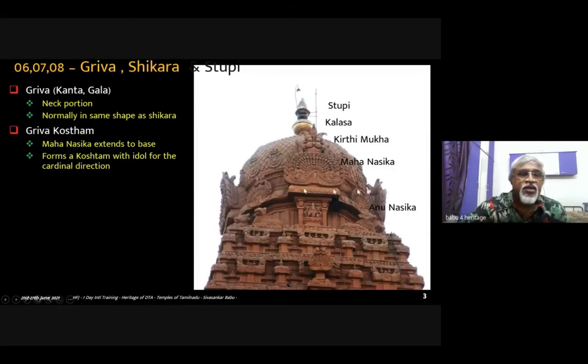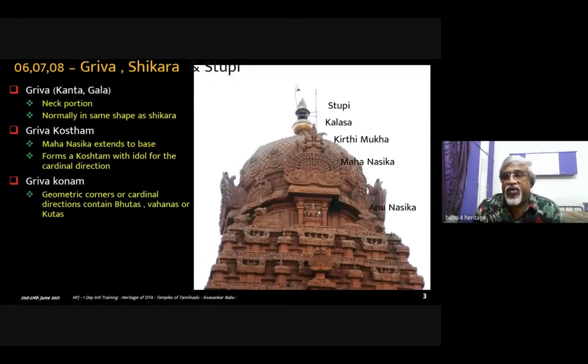Then there is the Mahanasika, we'll come to Mahanasika later. This is the arch-type structure which is there on all 4 sides, the primary directions. This extends down like a full temple, and in that there is a Koshta where the idol is housed.